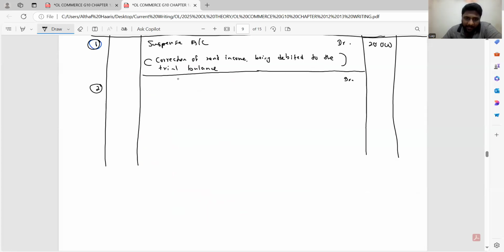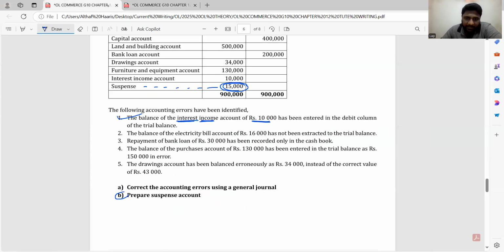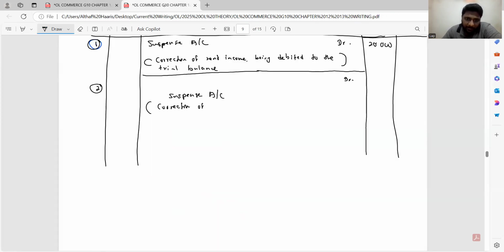So no debit entry; credit the suspense account. Correction of electricity bill account not being taken to the trial balance, 16,000.